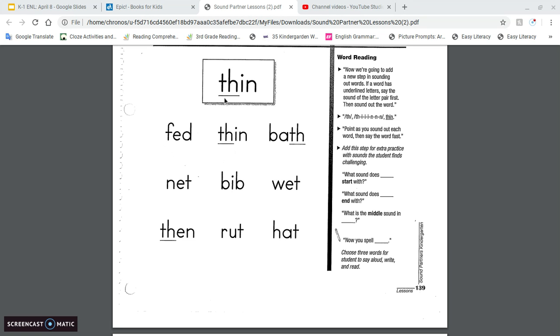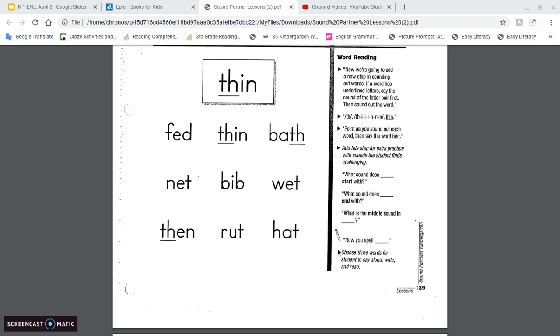So we have our first word, thin, fed, thin, bath, net, bib, wet, thin, rut, hat.